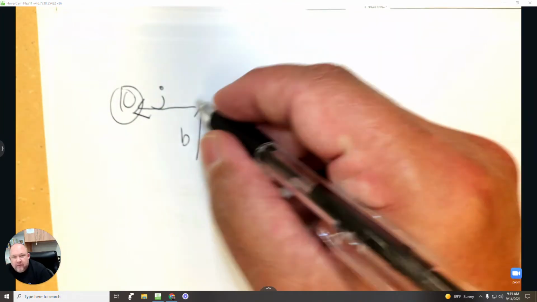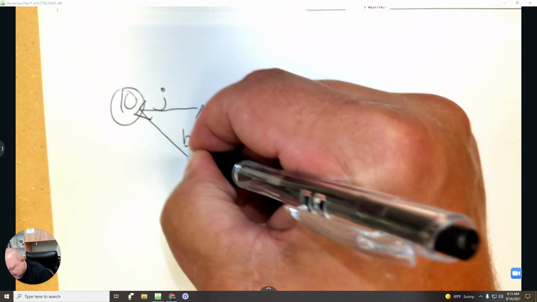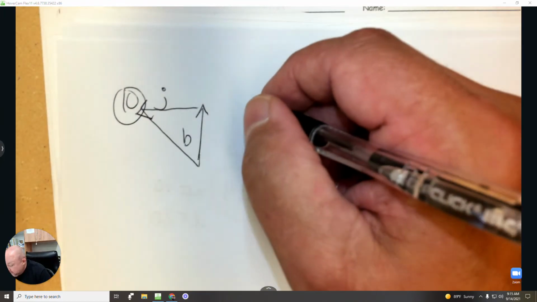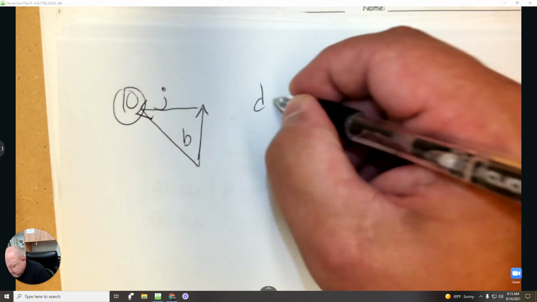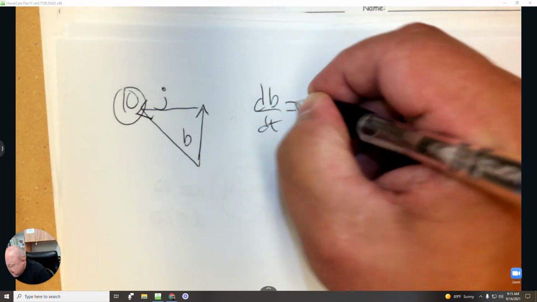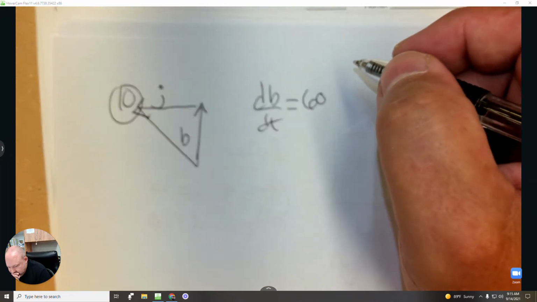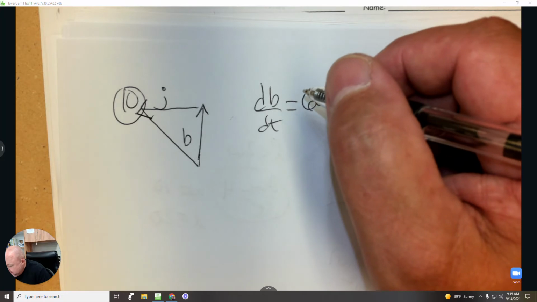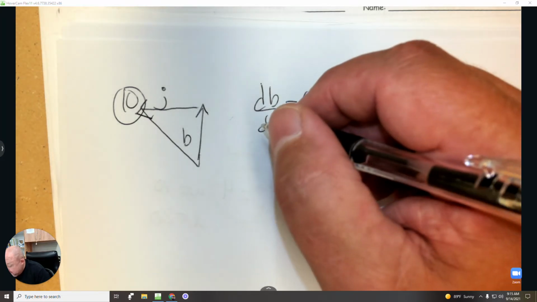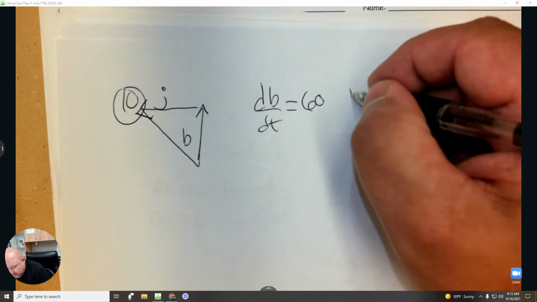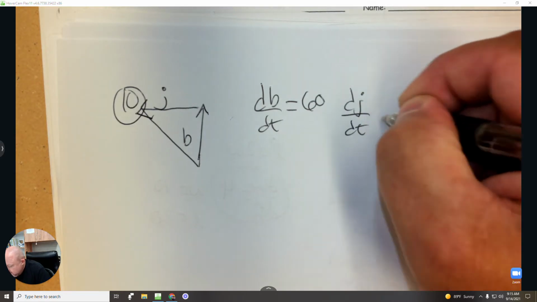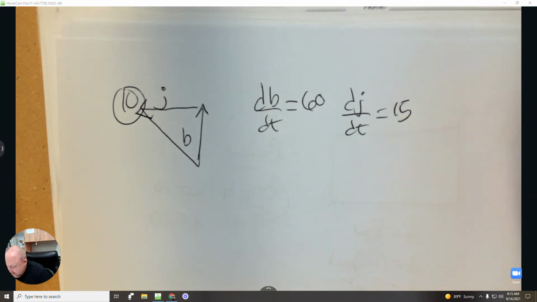So we got north and west, and we're going to connect these together. The first number is 60. That has to do with the bicyclist. That's the rate. The next number is 15. The rate of the jogger is 15. Just reading it and knowing what each number represents.